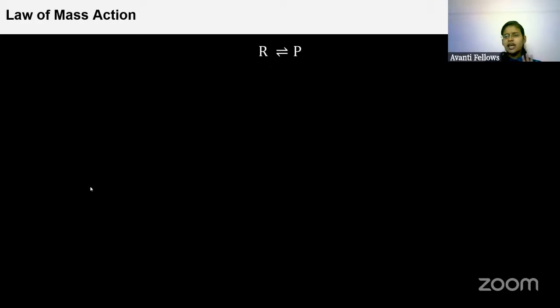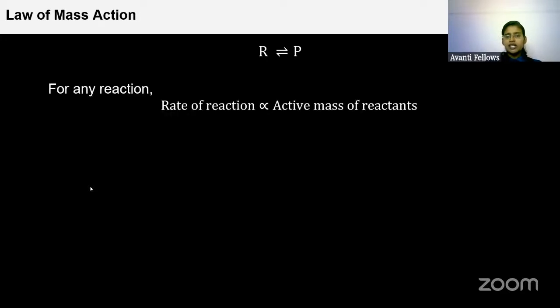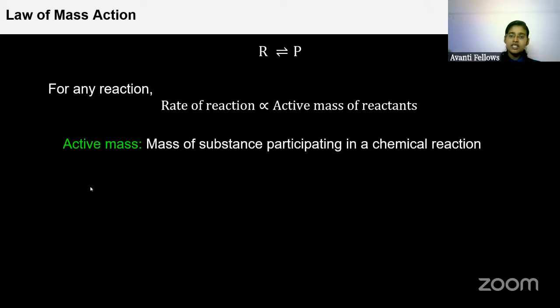For any reaction of this type, the rate of the reaction is directly proportional to the active mass of the reactant. Rate means speed. What is meant by active mass? Active mass means the mass of the substance participating in a chemical reaction.